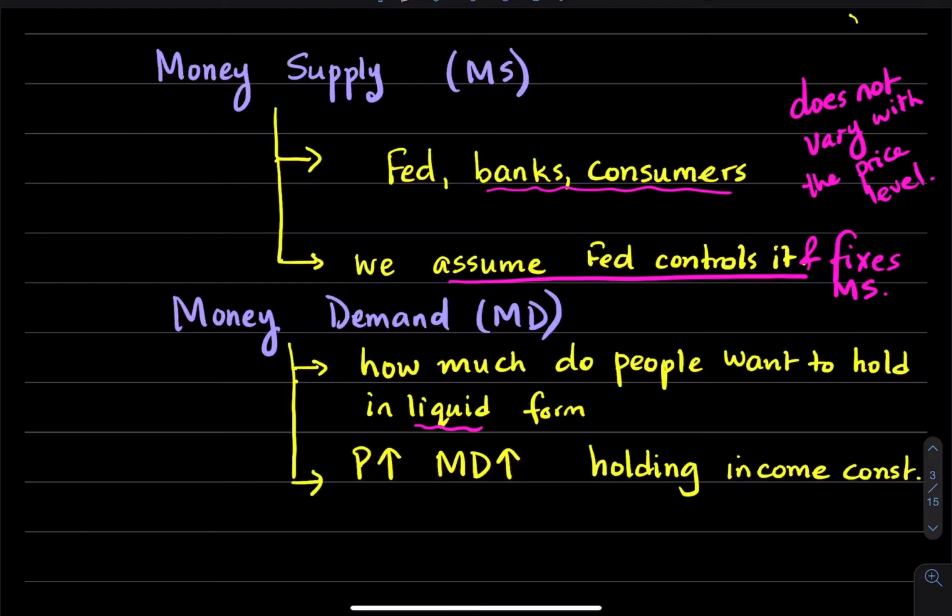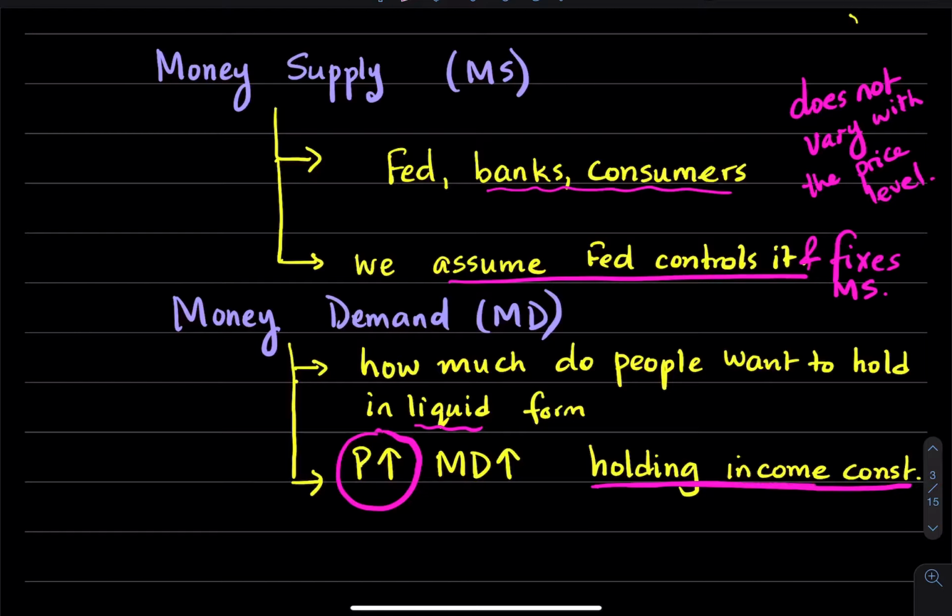You can quickly liquidate it and use it. So your demand for money depends on the price level. So if that scoop became more expensive, your demand for money is going to go up. This is going to happen only if we are holding income constant.